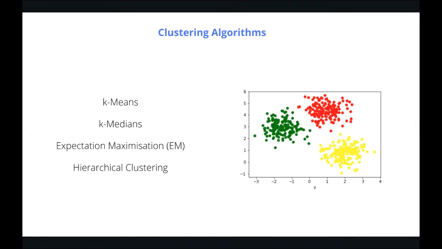So the algorithms which are powering the solutions to these clustering problems, some of them are k-means, k-medians, expectation maximization, and hierarchical clustering, right? And this is an output of a clustering algorithm where they have put the data into multiple clusters.